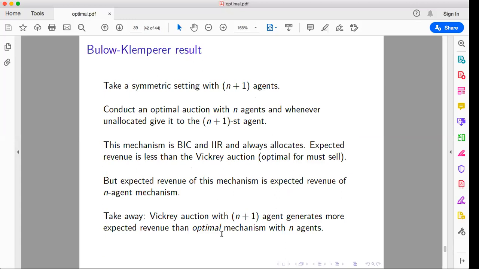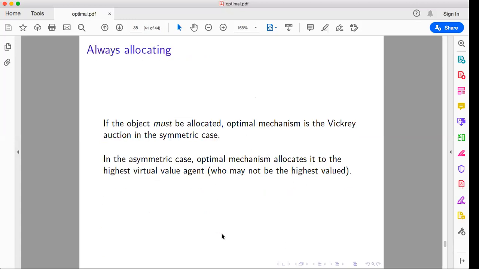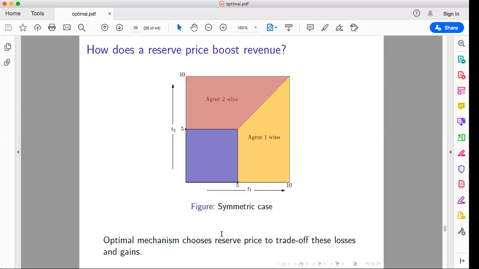And as n tends to infinity, how will the reserve price go to zero? So W inverse, in this case, right? Yeah, that's true. So I take that back.